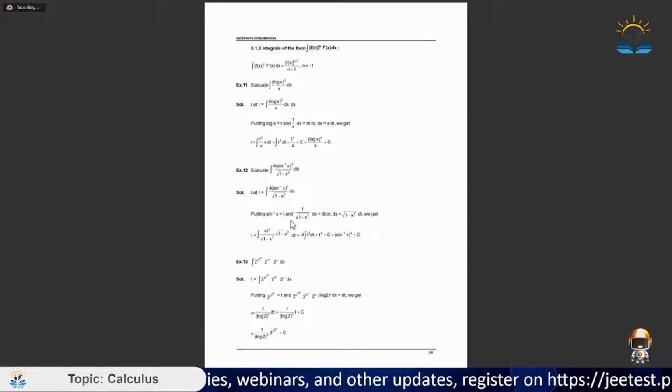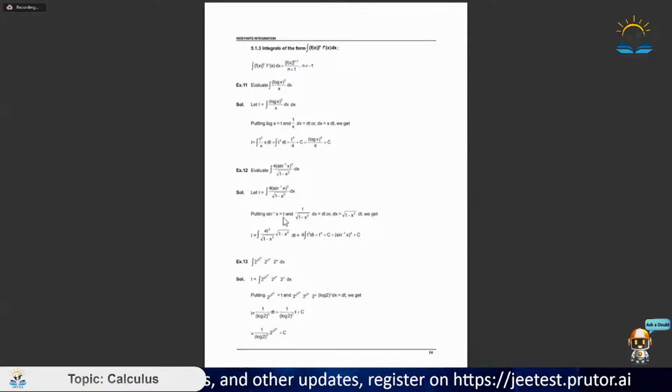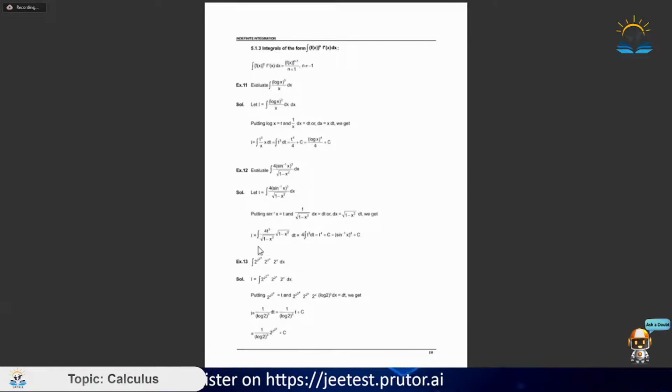Differentiate both the sides. You will get 1 by root 1 minus x square dx, and for t you will get dt. In this way you can easily get this. Here you got the final answer as sin inverse x to the power 4 plus c.